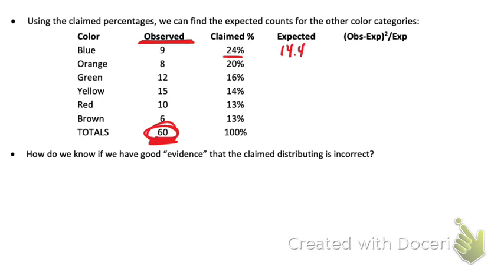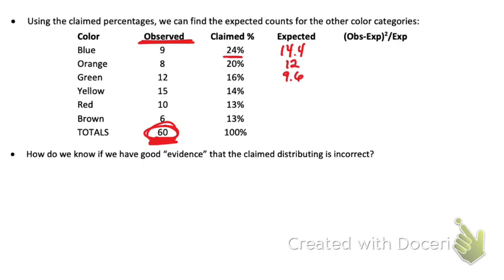Miss Lakey, you cannot get 0.4 of an M&M. I understand that, but we're going to go with that as the expected value. All right, 20%. What is 20% of 60? 12. So I should get 12 orange candies. Did we get 12 orange candies? No, we got 8.